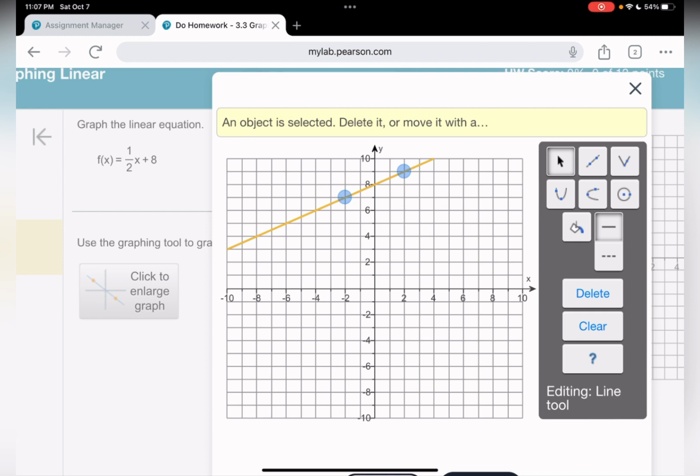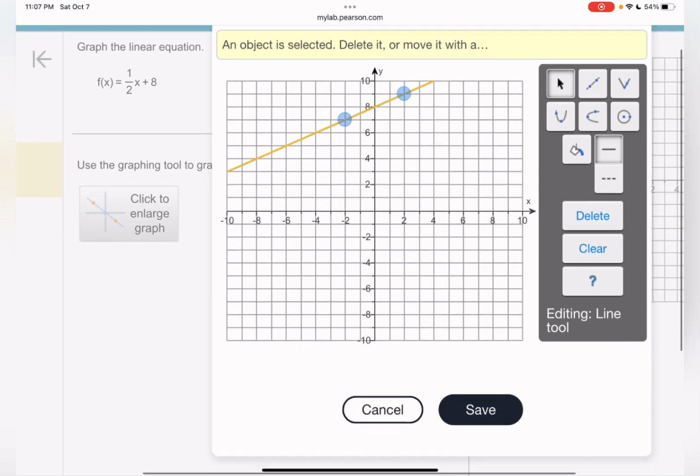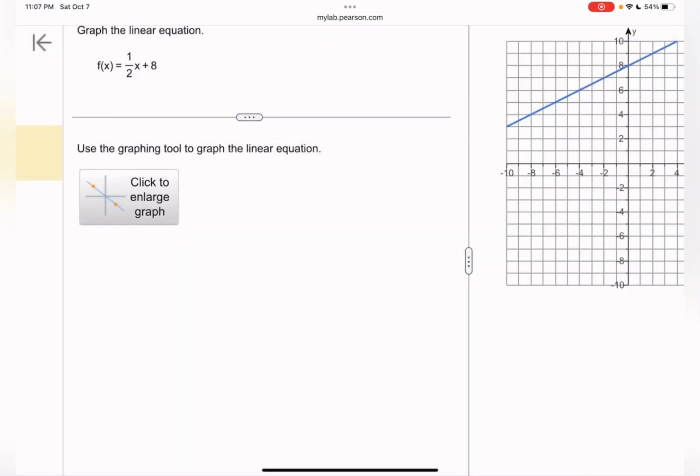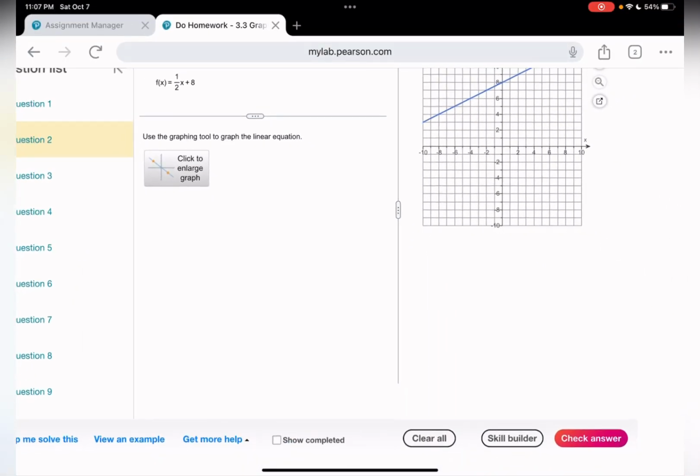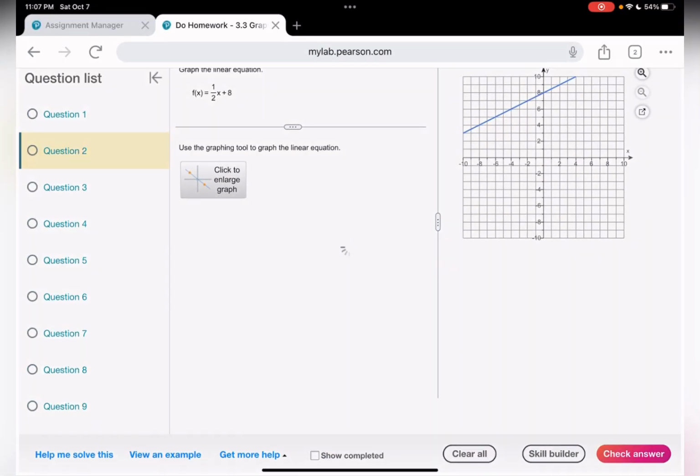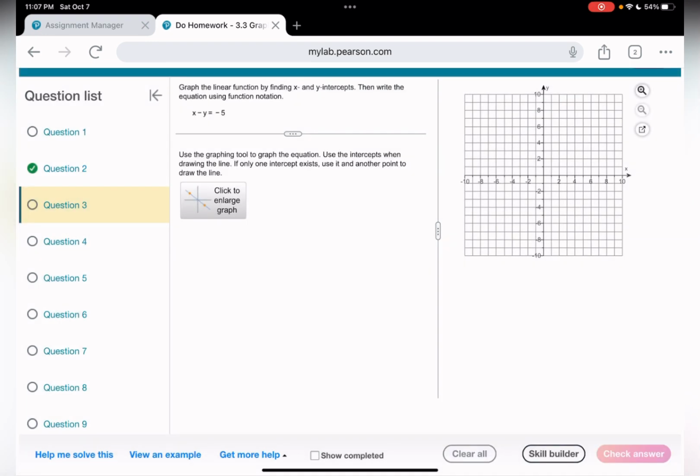But it's negative 2, 1/2, yes. Saving. Very good. Question number 3.